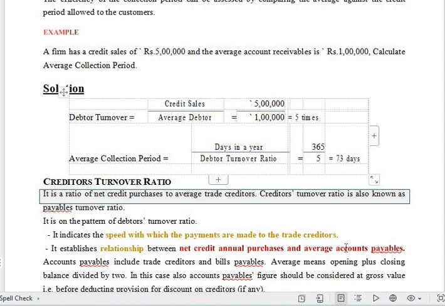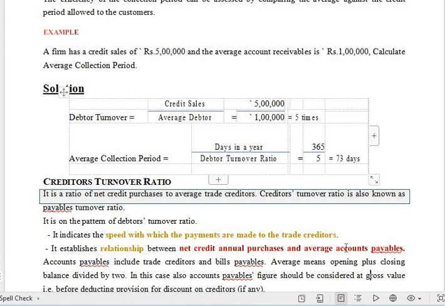Average accounts payable is average creditor plus average bills payable. Average creditor is opening creditor plus closing creditor divided by 2. Average bills payable is opening bills payable plus closing bills payable divided by 2. Added together, average creditor plus average bills payable gives your average accounts payable.